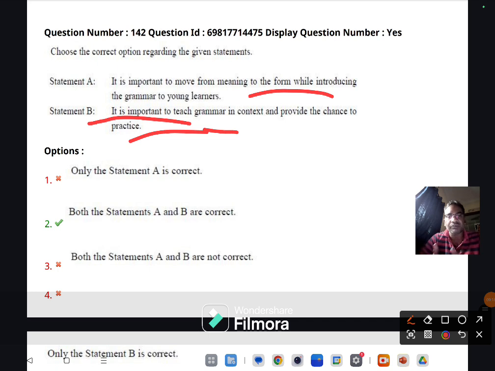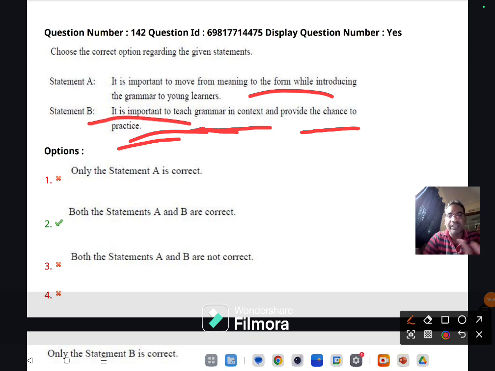As a teacher, you have to concentrate on meaning and then look at the form: subject, verb, object, etc. But the second statement talks about how it is important to teach grammar in context and provide the chance to practice. So this second statement tells you that you are supposed to teach grammar in context, not just by bringing examples.